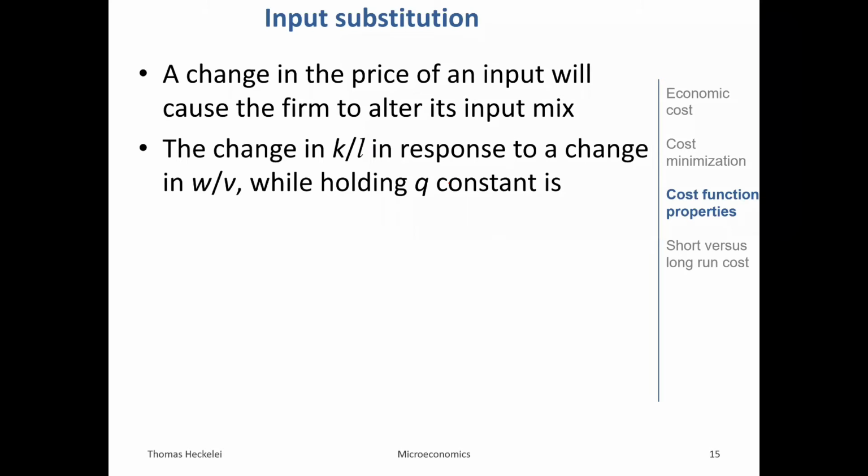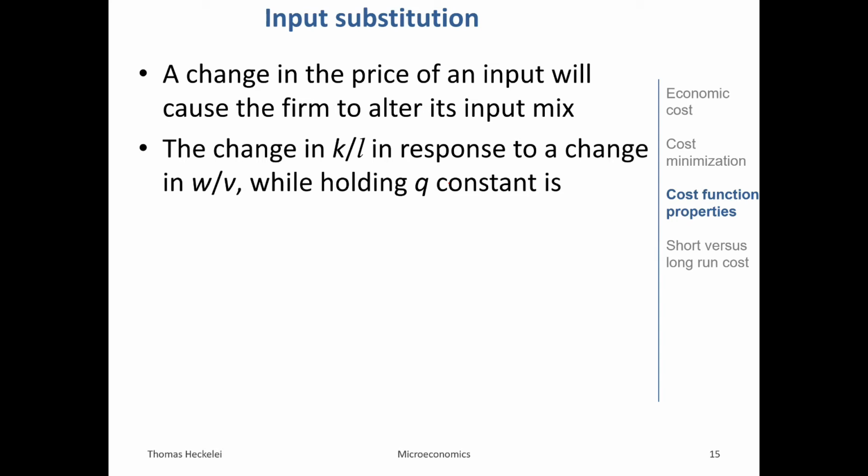Let's revisit a bit about input substitution, which I know we have talked about a lot last week, but still there's some interesting aspect coming out of the cost minimization over here. So we said that a change in the price of input will lead to a change in the input mix that the firm would like to use.